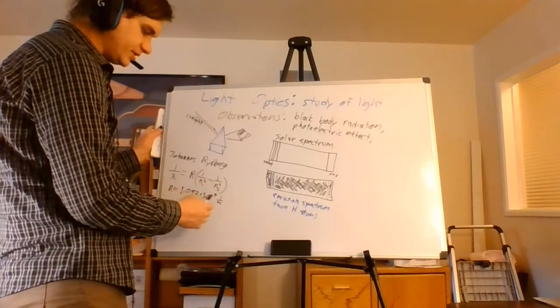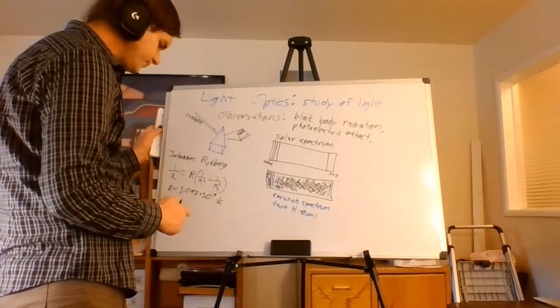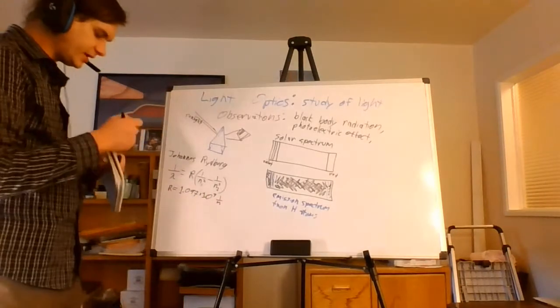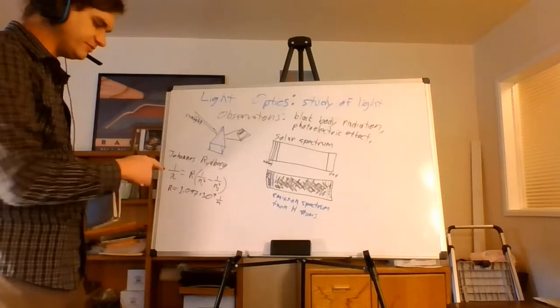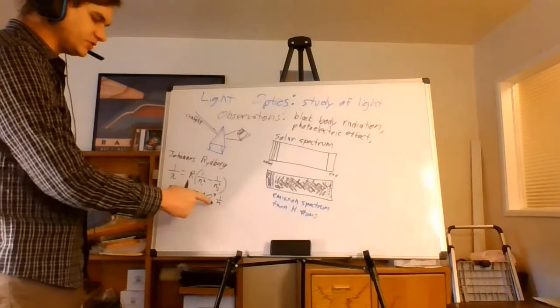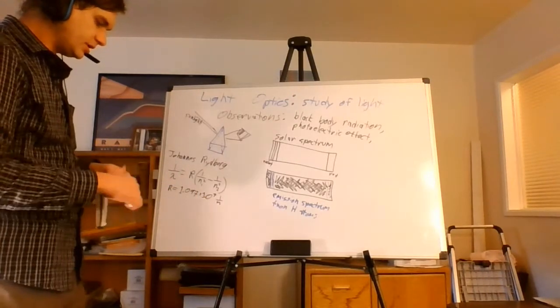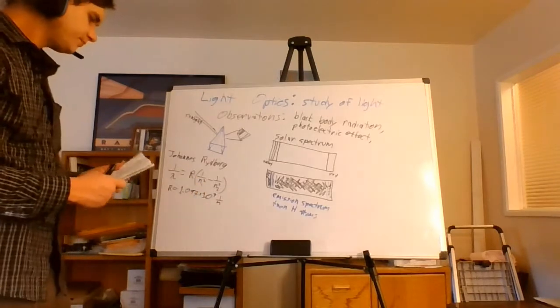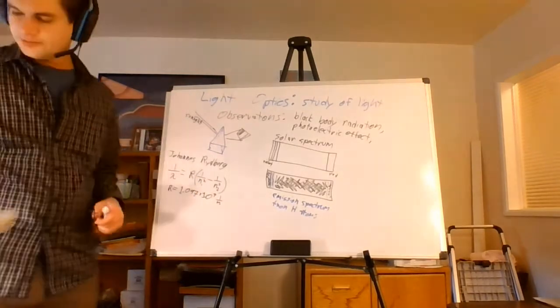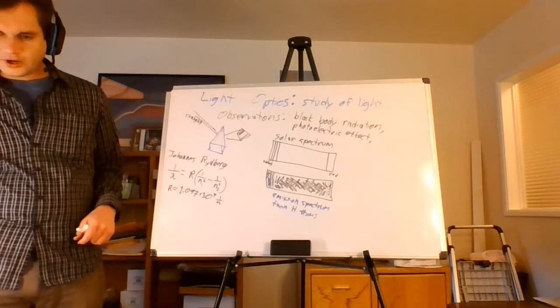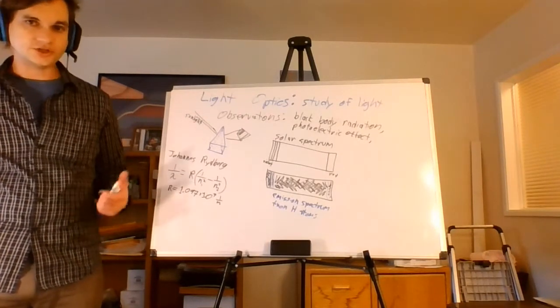So times 10 to the 7th reciprocal meters. And obviously, because that's in meters, this has to also be in meters. If you measure this in nanometers, then you have to change that too. And then you have to convert the whole thing too. So he came up with this, but he didn't know what that relationship could be.